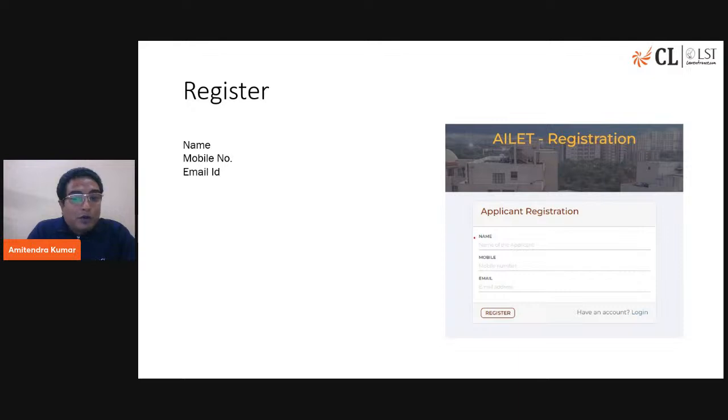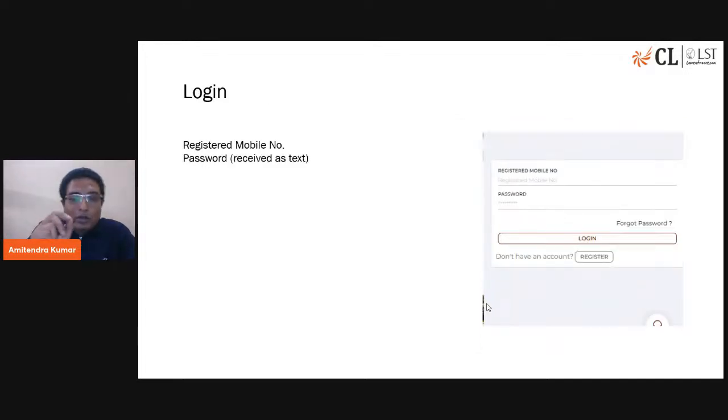So first you'll be required to fill your name, your mobile, and your email, and then you click on the register button. These three things are required over here. Once you do that, you will get a message from them which will have the password, a 6-digit password, and through that you come back to the login. The system will automatically direct you, आपको वापस वो login page पर लेकर आएगा, where you fill your registered mobile number and you put that password over here to log in.